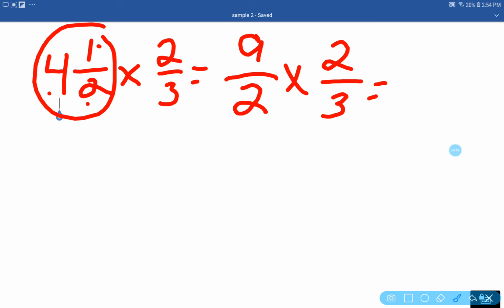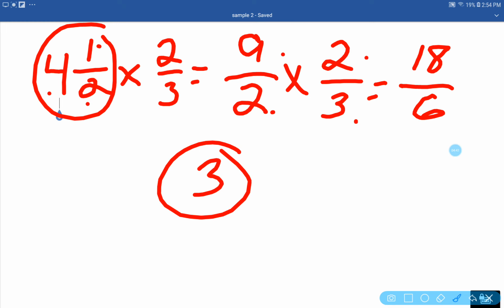Now we're going to simply multiply across. 9 times 2 gives us 18. 2 times 3 gives us 6. This is an improper fraction, so what we need to do is change that over to a proper fraction. Okay, so 6 goes into 18 3 times with nothing remaining because 3 times 6 is 18, so that is our answer, is 3.